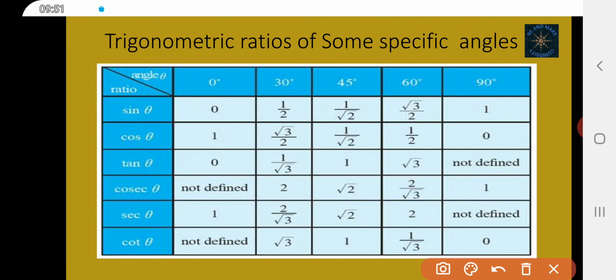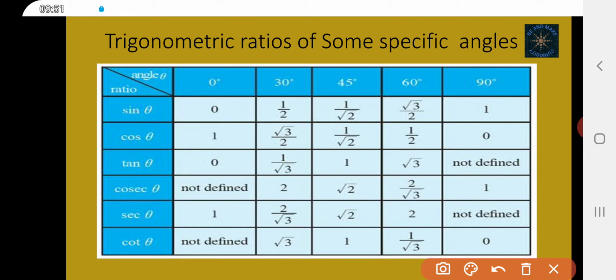Here you see sec theta is the reciprocal of cos theta. So the reciprocal of 1 is 1. The reciprocal of root 3 by 2 is 2 by root 3. The reciprocal of 1 by root 2 is root 2. The reciprocal of 1 by 2 is 2. The reciprocal of 0 is not defined.